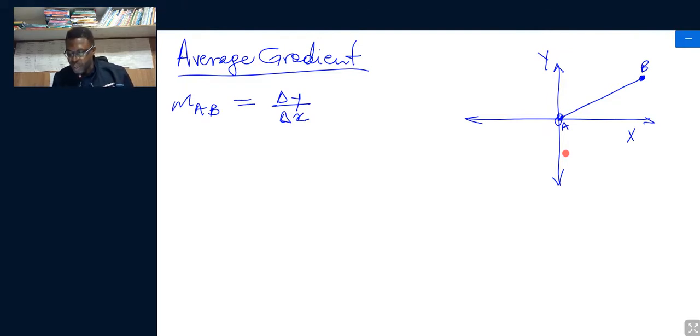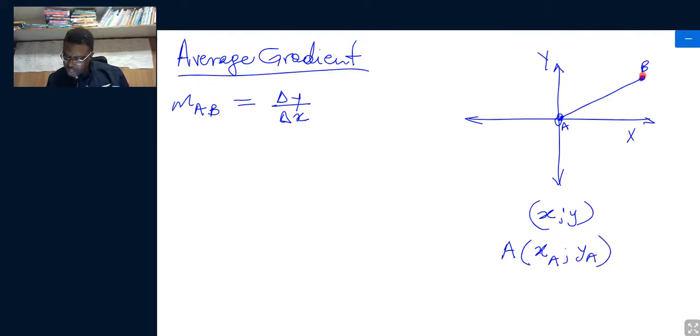So we use a notation of x, y to represent a point. Therefore on point A, we have x corresponding to A, and y corresponding to A. Also on point B, we have x corresponding to B, and y corresponding to B.